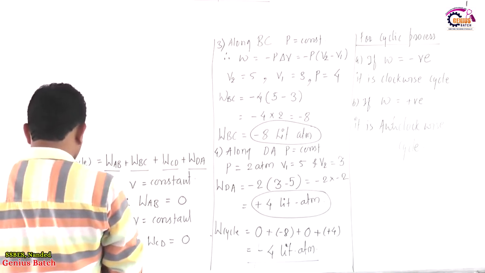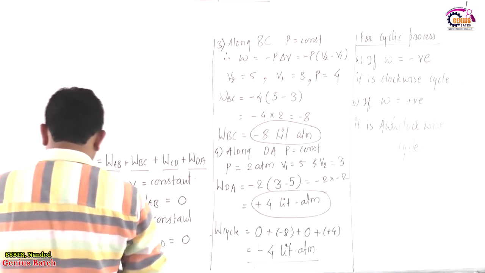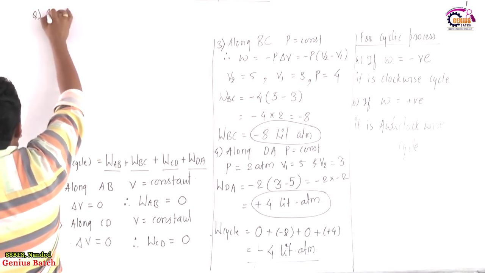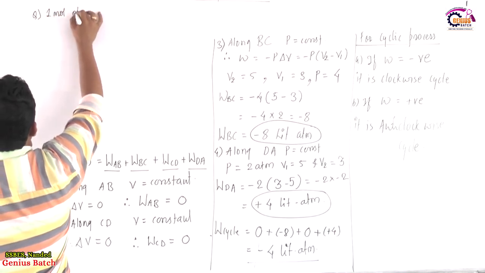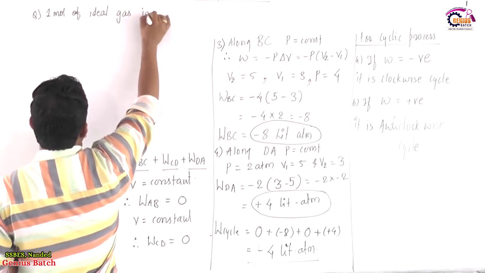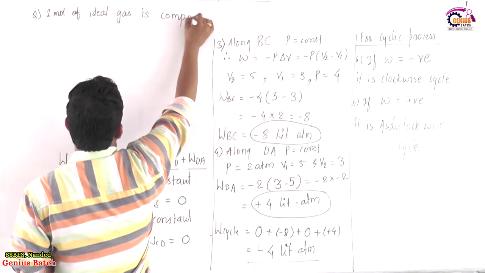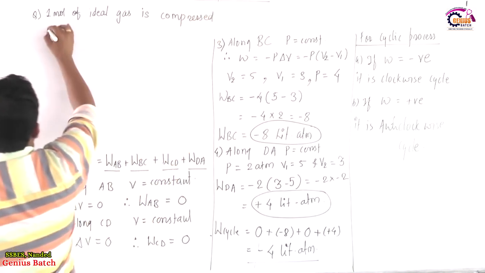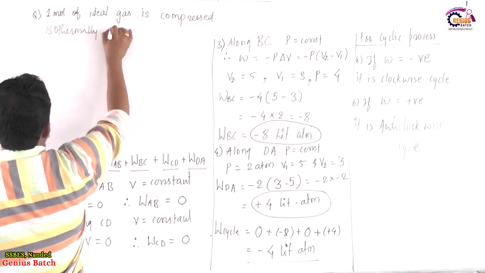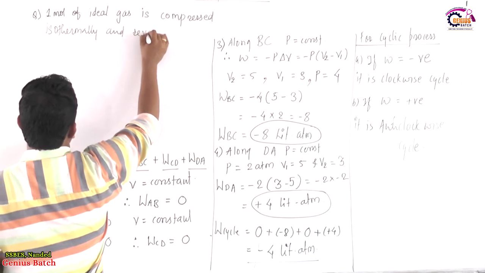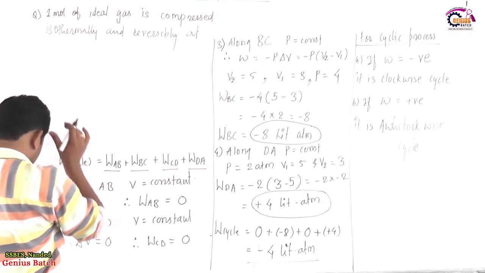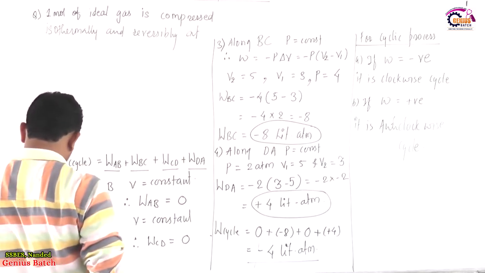1 mole of an ideal gas is compressed isothermally and reversibly at 293 Kelvin.